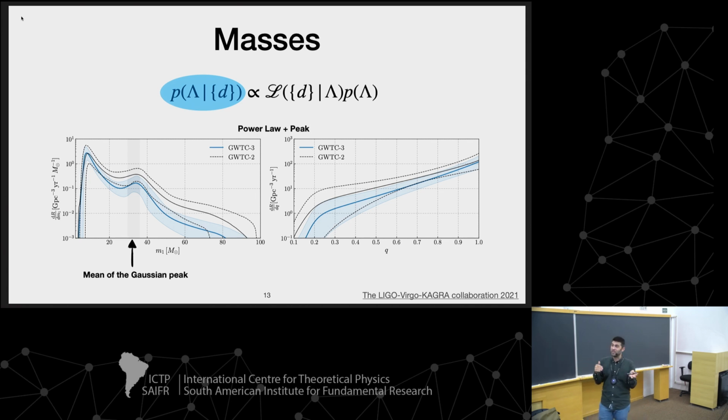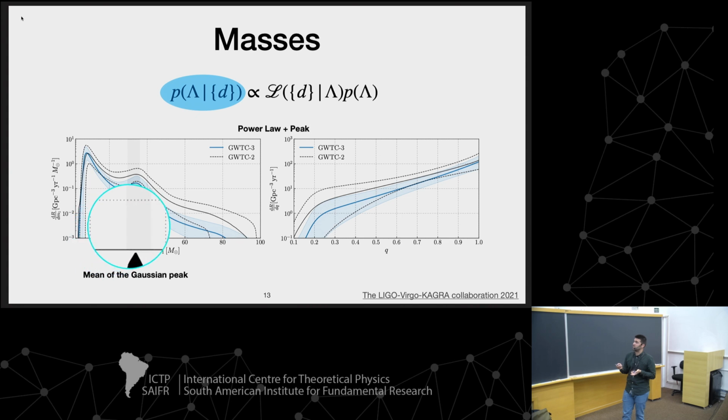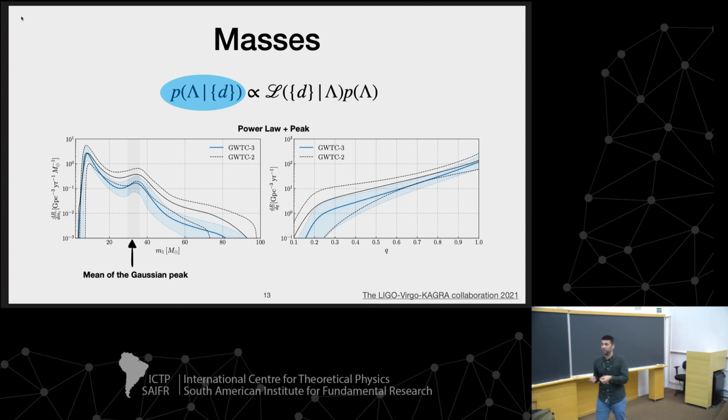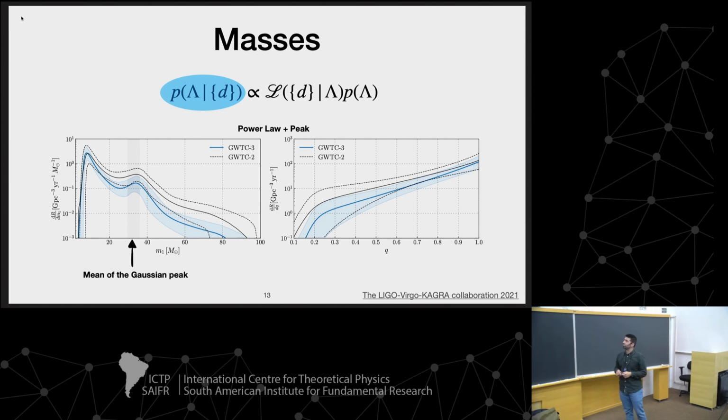But if the Gaussian peak stays there, it means that your data are supporting the Gaussian peak. And this is very nice because this Gaussian peak is connected with astrophysical processes that you're going to see later on.